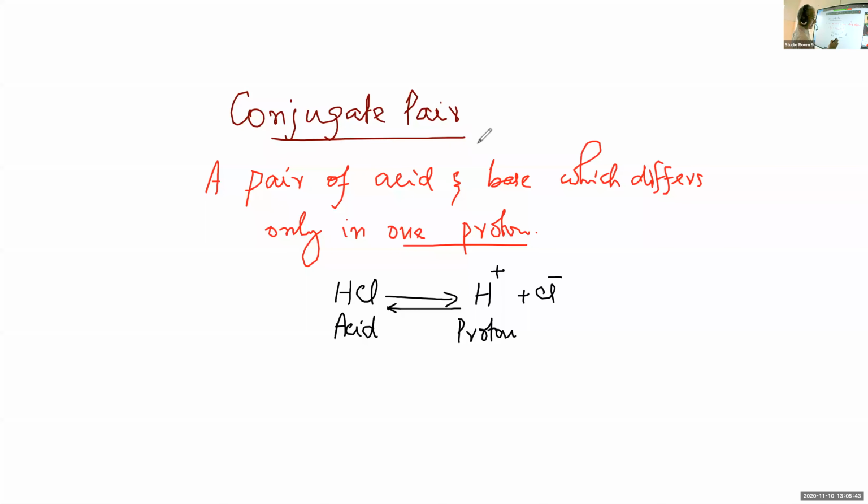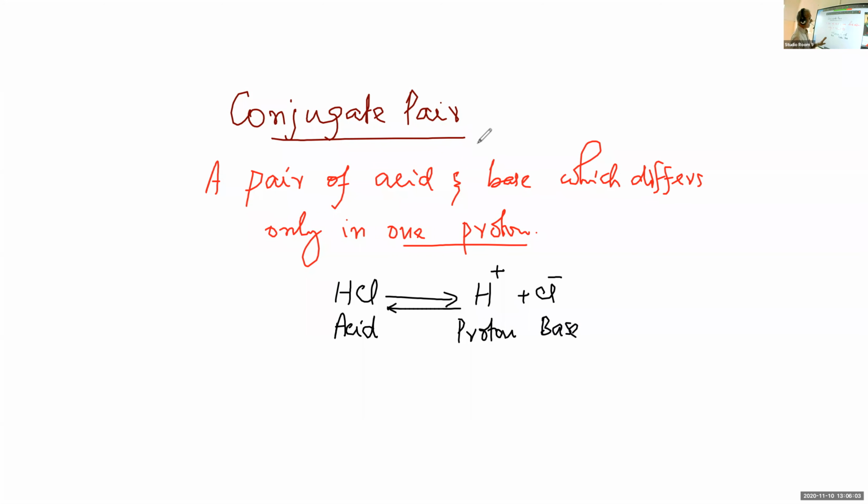So Cl minus ion, chloride ion, is a proton acceptor. So by definition, chloride ion is a base. That is a Bronsted base, because chloride ion can accept a proton.